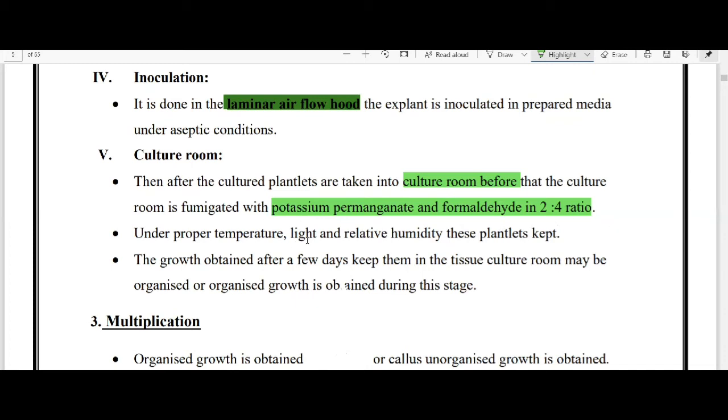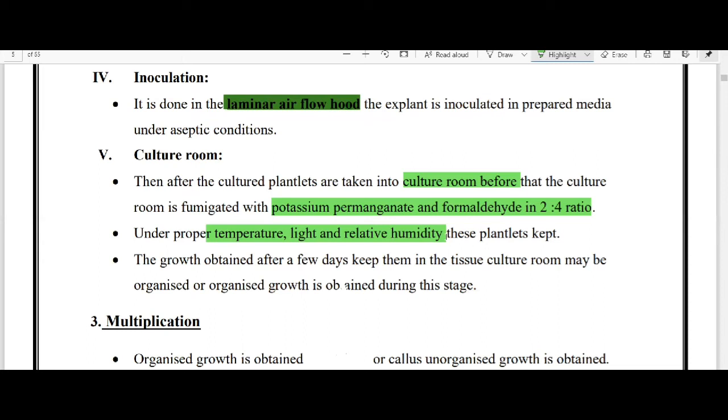Under proper temperature, light, and relative humidity, the plantlets are kept in the culture room. So all these three required physical conditions, temperature, light, and relative humidity, are maintained in the culture room. The temperature in the culture room is about 25 degrees Celsius.